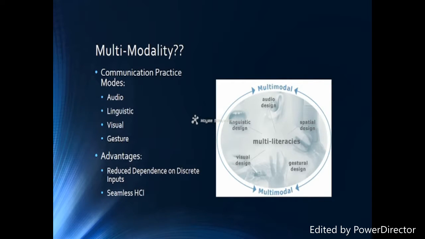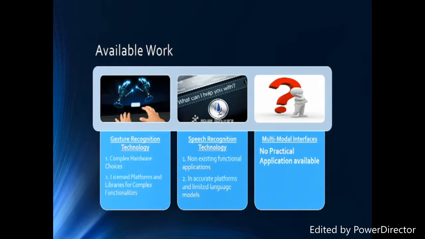So, the available work. In this project, I have specifically targeted two parts, that is the gesture recognition technology and the speech recognition technology. To talk about gesture recognition, the current form of technology that's available in the market starts with complex hardware choices. That means you need to have special equipment if you want to work with gestures.